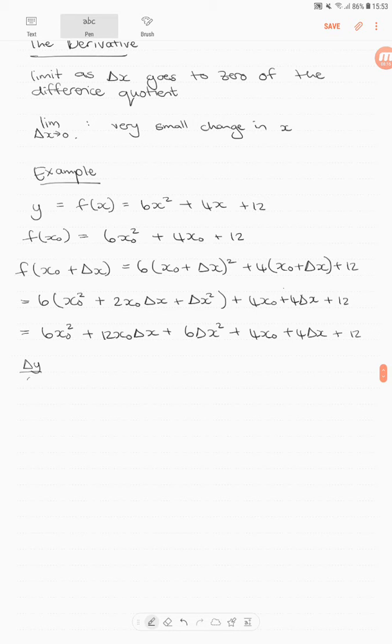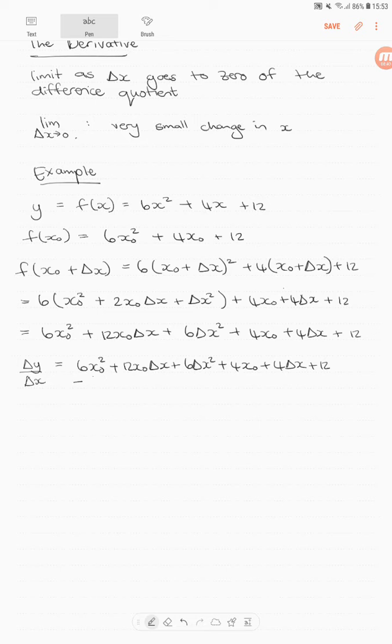That means our difference quotient is 6x0 squared plus 12x0 delta x plus 6 delta x squared plus 4x0 plus 4 delta x plus 12, minus this function.